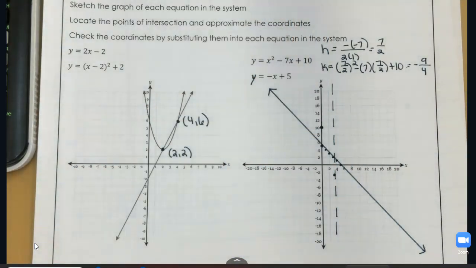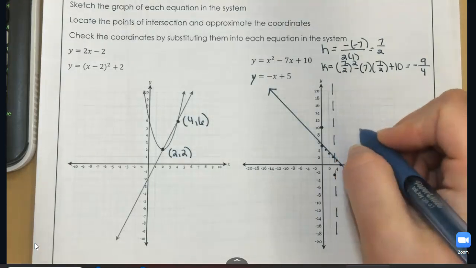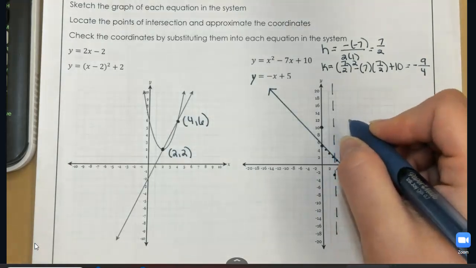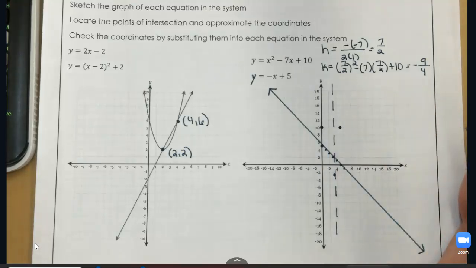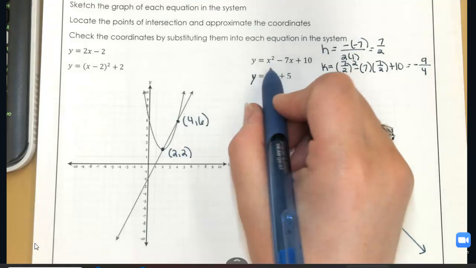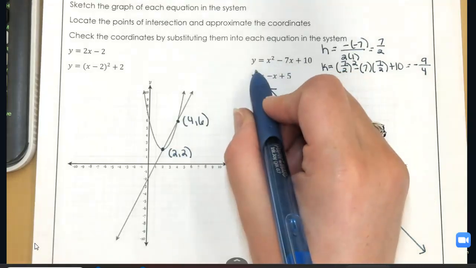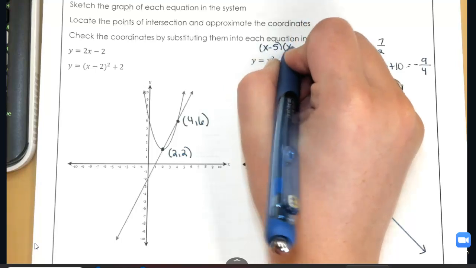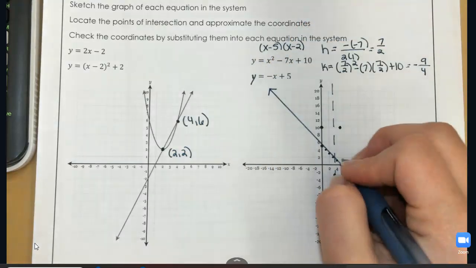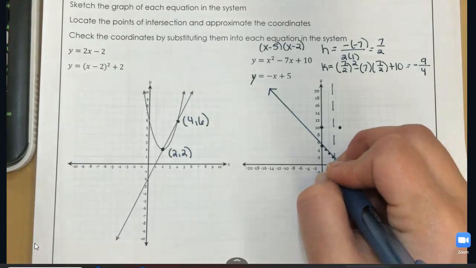If it's 3.5 away on the left, I would have a point that is 3.5 away on the right. Okay. Now I can find my x-intercepts. This one I would be able to solve by factoring. This would be x minus 5 and x minus 2. So my two x-intercepts are 5 and 2.